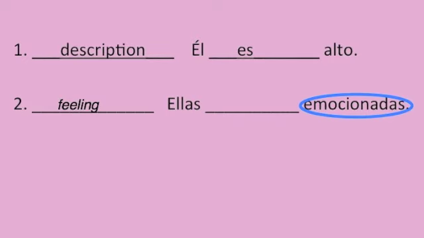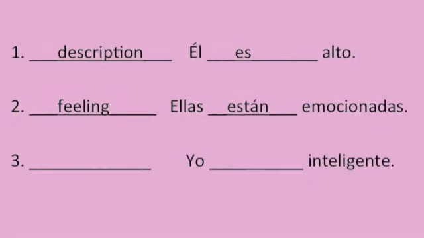Since this is a feeling, I can go back to the poem. To say how you feel or where you are, always use the verb estar. That means I need to use a form of estar to make this sentence correct. Because my subject is ellas, I need the ellos, ellas, ustedes form of están. So that's what I'm going to write to complete my sentence.